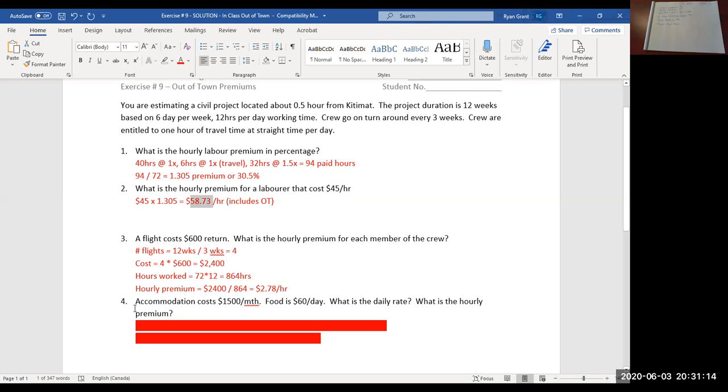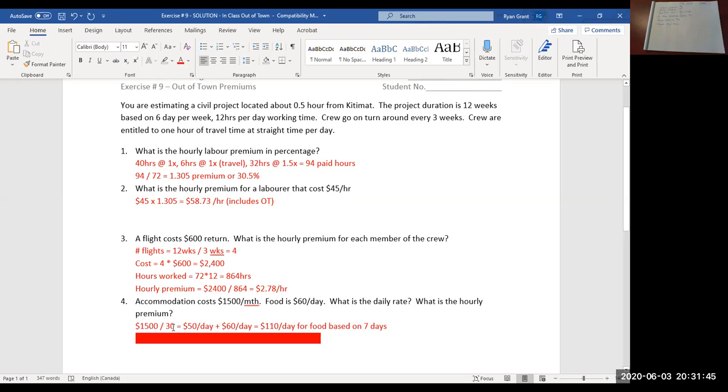So the next question, number 4, accommodations cost $1,500 a month. Food is $60 a day. So what is the daily rate? What is the hourly premium? So let's look at accommodations here. $1,500 a month divided by, we're saying there's an average 30 days in a month.